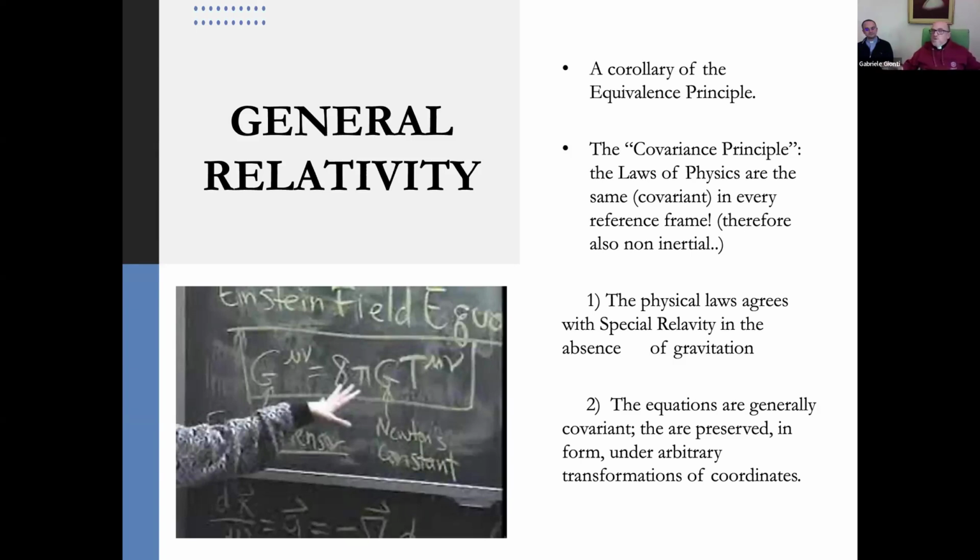Not anymore with Einstein's General Relativity and this principle of covariance. The equations are generally covariant. They are preserved in form under arbitrary transformations. So this is the other point: the Einstein equations are invariant under arbitrary transformations of coordinates. This is also a novelty.